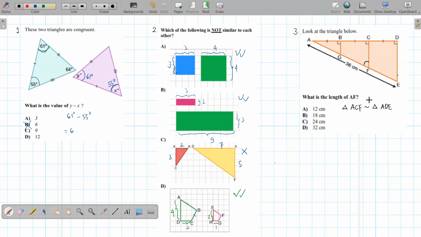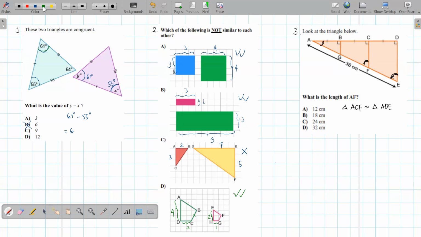For similar triangles, their matching angles are the same measure. As you can see, they have one common angle here, angle A, and angle F in triangle ACF is the same as angle E in ADE. These angles have the same measure, and the right angles in ACF and also in triangle ADE are the same.